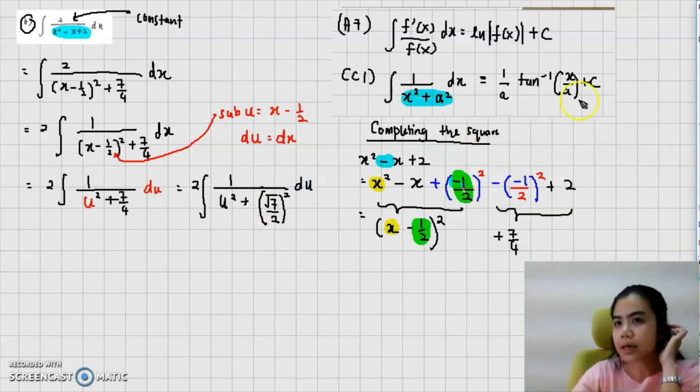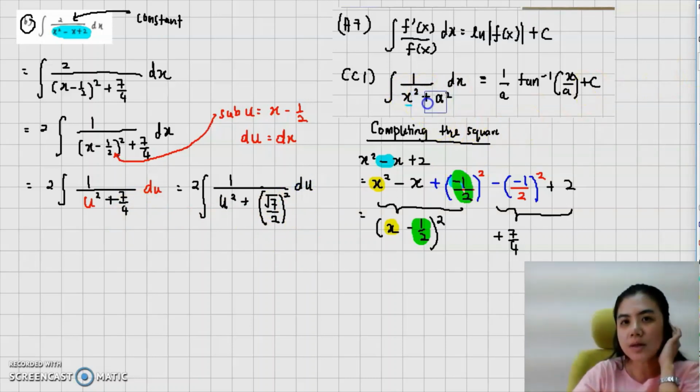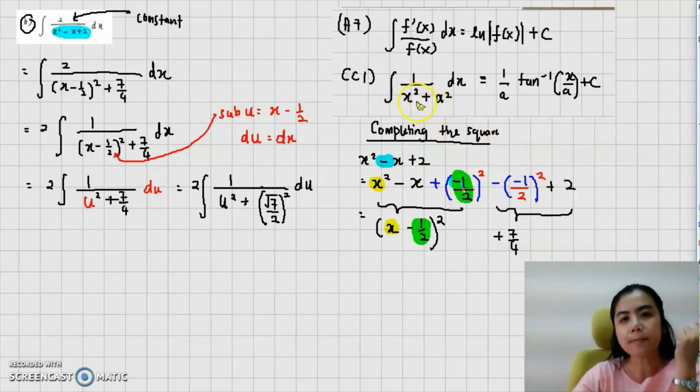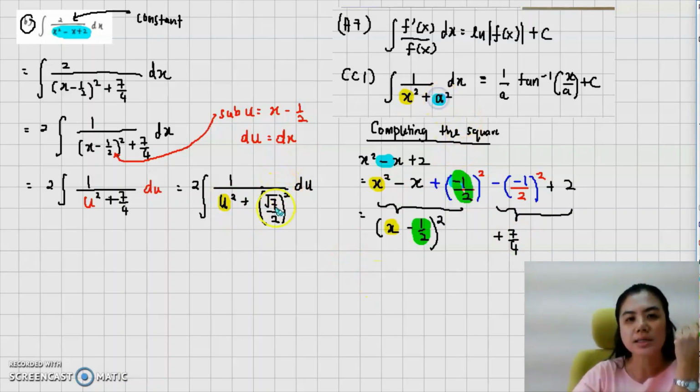Now again, let's look at the formula in C1. Yes, we are in the form that we can use the formula, that is the x squared. Now we have u squared, and we have the a as square root of 7 over 2. So when you are in that form, you can use directly whatever we have in here.